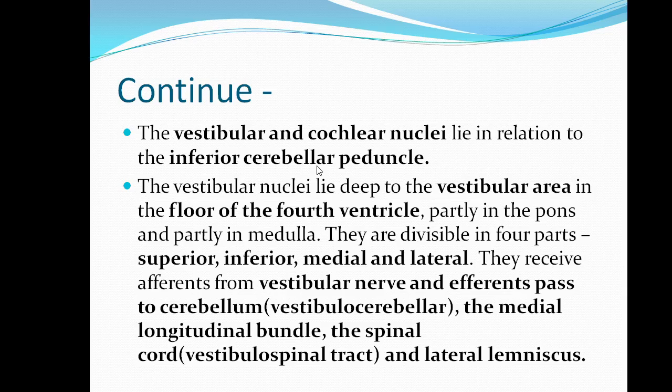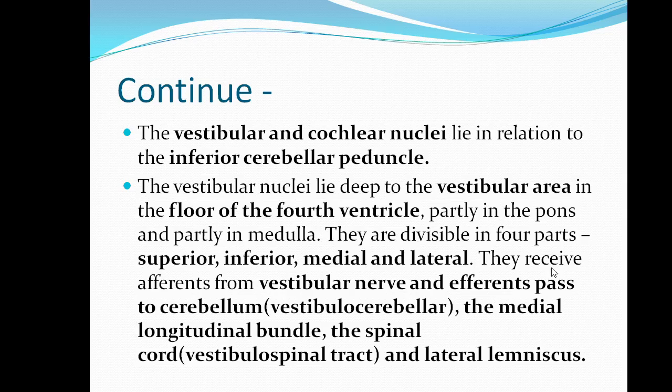The vestibular and cochlear nuclei lie in relation to the inferior cerebellar peduncle. The vestibular nuclei lie deep to the vestibular area in the floor of the fourth ventricle, partly in the pons and partly in the medulla. They are divisible into four parts: superior, inferior, medial, and lateral.